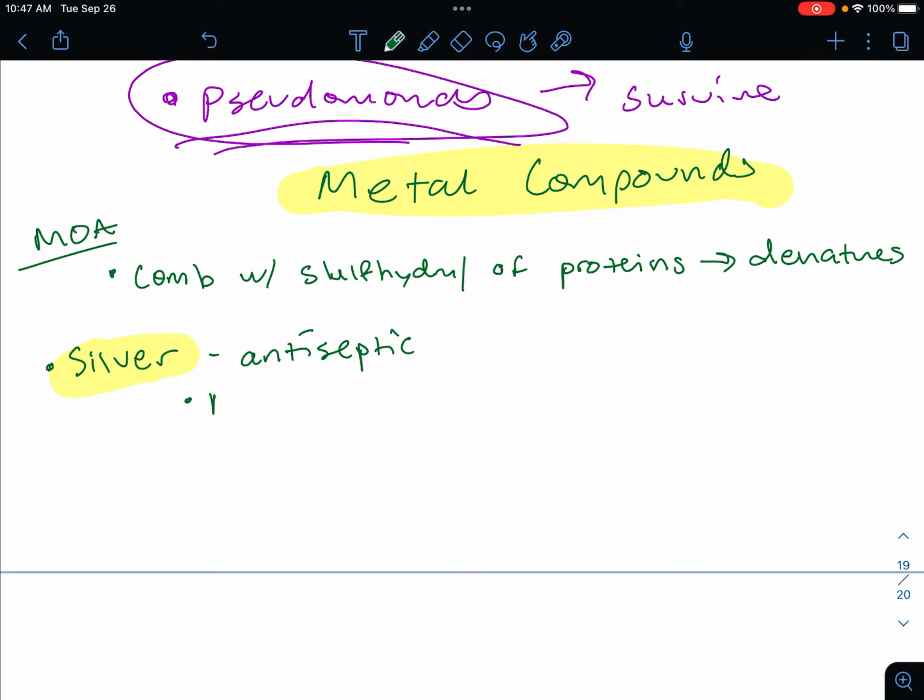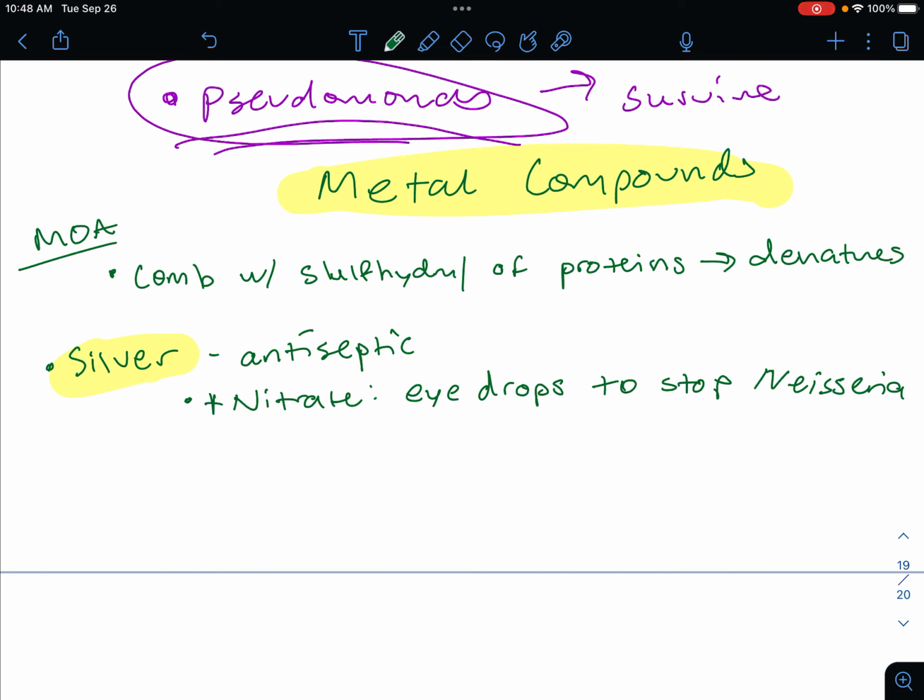Silver nitrate, so silver plus nitrate. These are those eye drops given at birth to stop the bacteria of the genus Neisseria, gonorrhea.